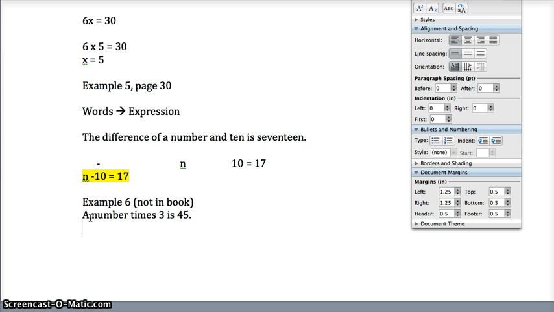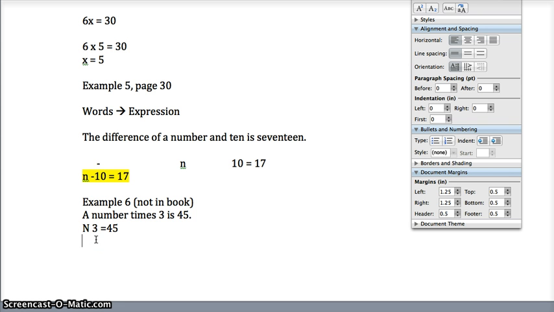So we know that we have a number and we have a 3 and we have an is 45. But typically we need some sort of symbol between when we've got numbers on this side, either an addition, subtraction, multiplication, or division sign. And for this one, we're multiplying because it says times right here, a number times 3.